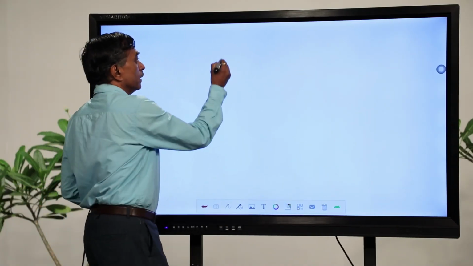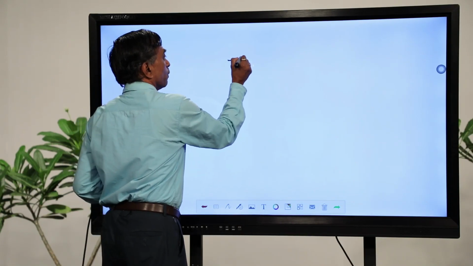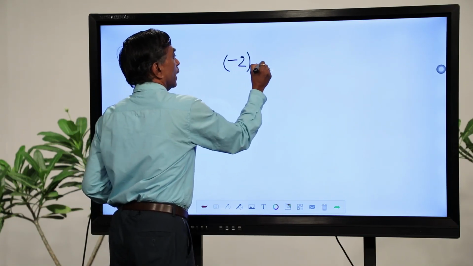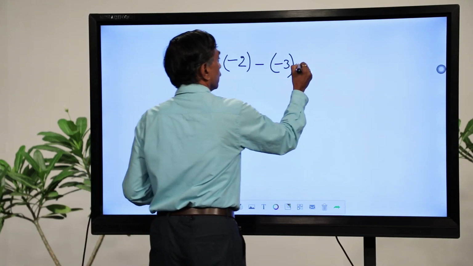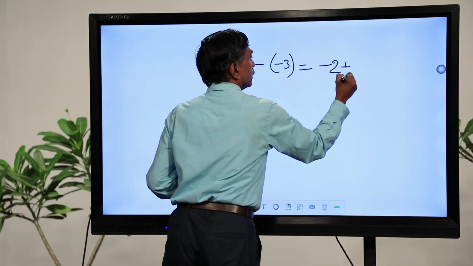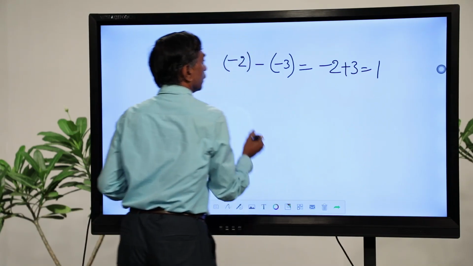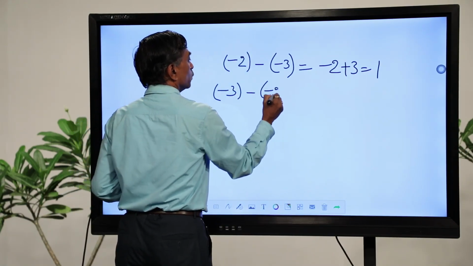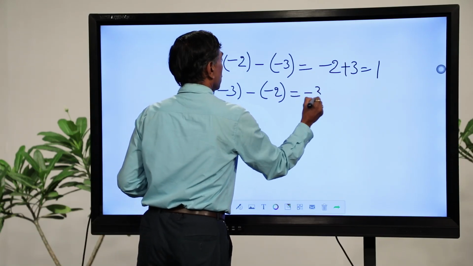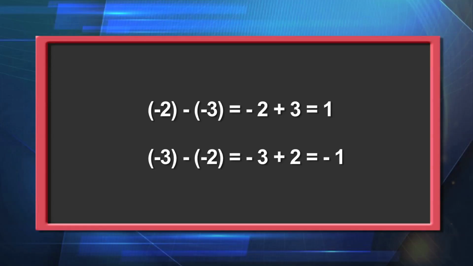For example, if I take here integers minus 2 minus of minus 3, what do you get here? Minus 2 plus 3, and that is nothing but 1. But if I take here minus 3 minus of minus 2, what do you get here? Minus 3 plus 2, and here this is nothing but minus 1.